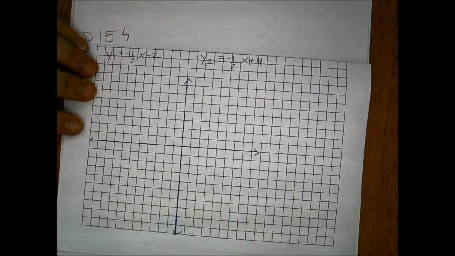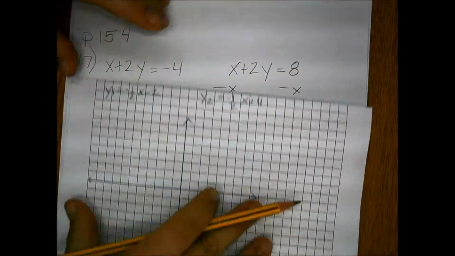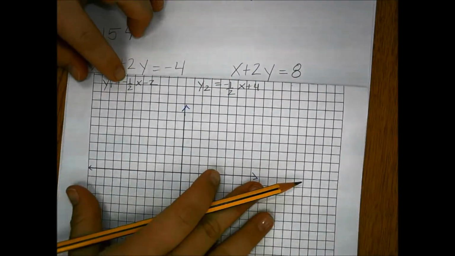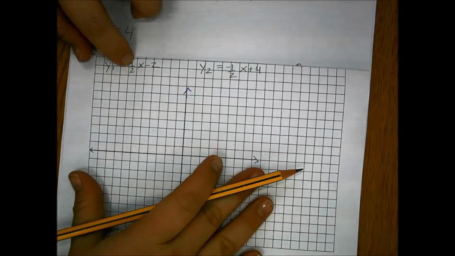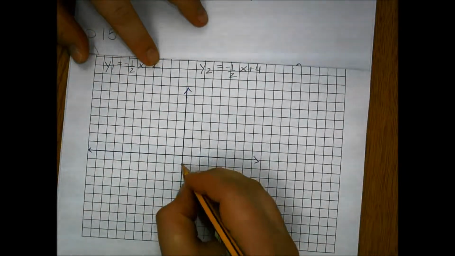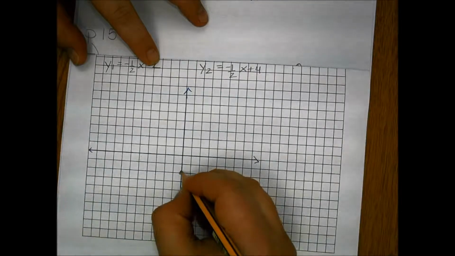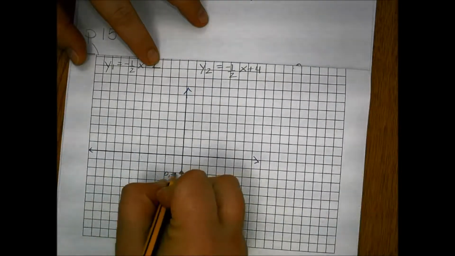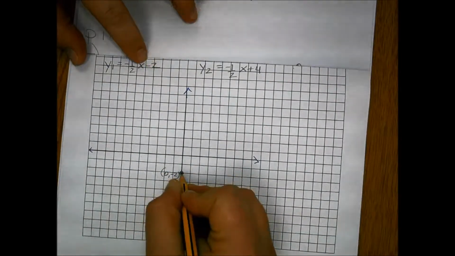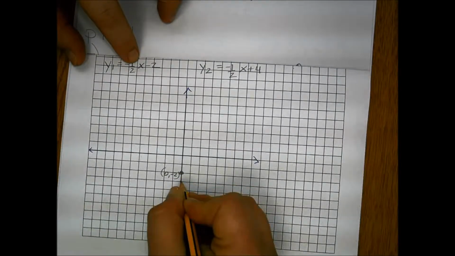All right, so y1 is negative 1/2 x minus 2. So the y-intercept is negative 2 and the slope is down 1, right 2.